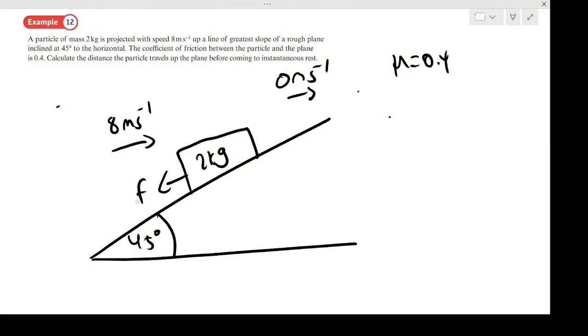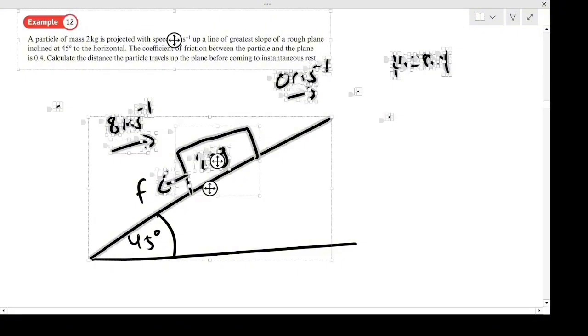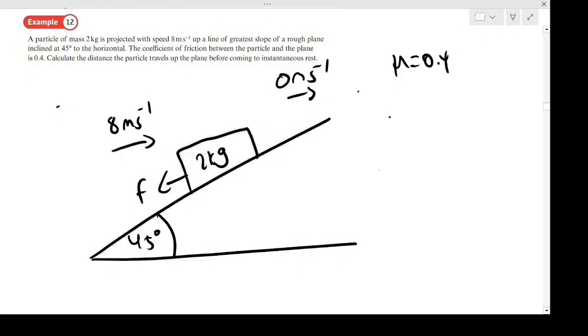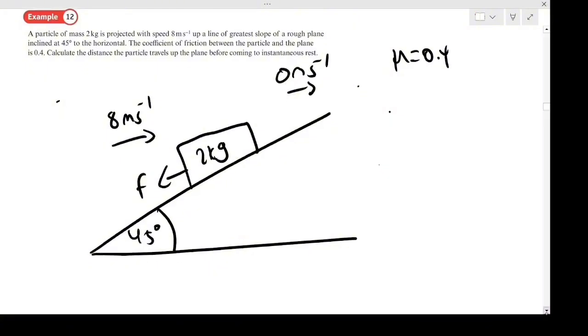Now, there's not a force pulling it forward. Well, there's no reference to it, but also it's projected. So that means it has like an initial kick up the slope. So there's no actual force applied to it throughout the journey. It's just a literal kick up the slope. So the only force acting on it really is the friction. If that makes sense.